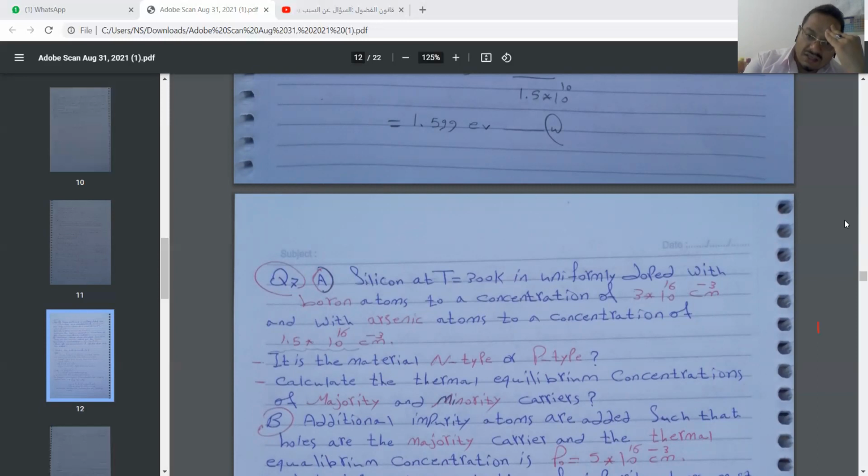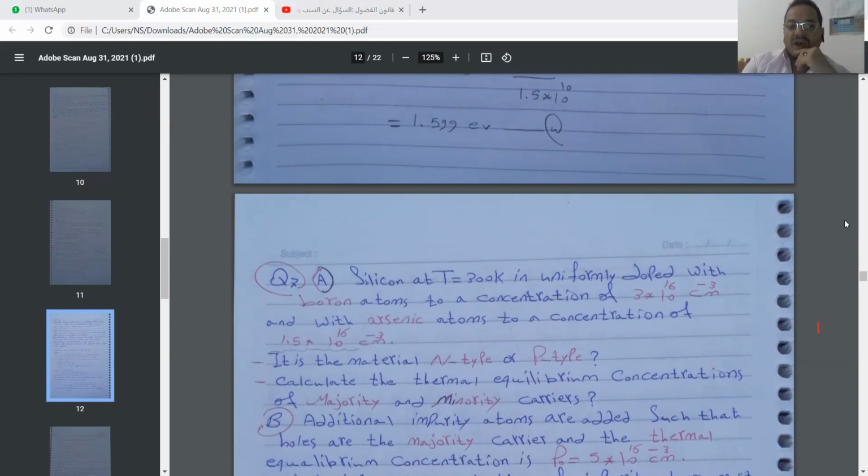And with arsenic, like we know, arsenic has 5 electrons in the last shell. That means it will donate one of them, because it wants to reach a stable situation and build its covalent bond.